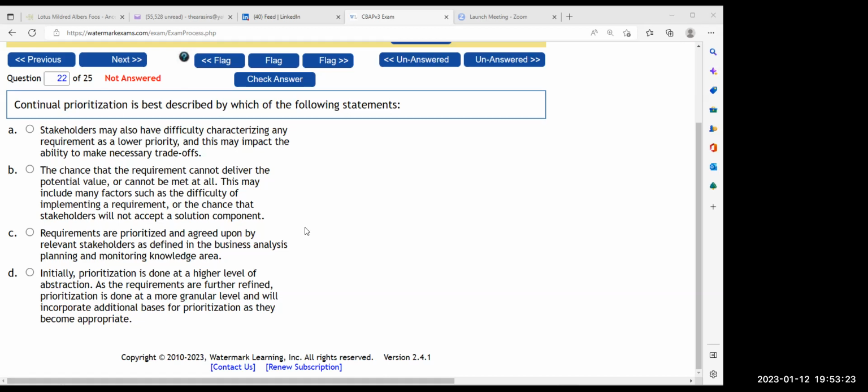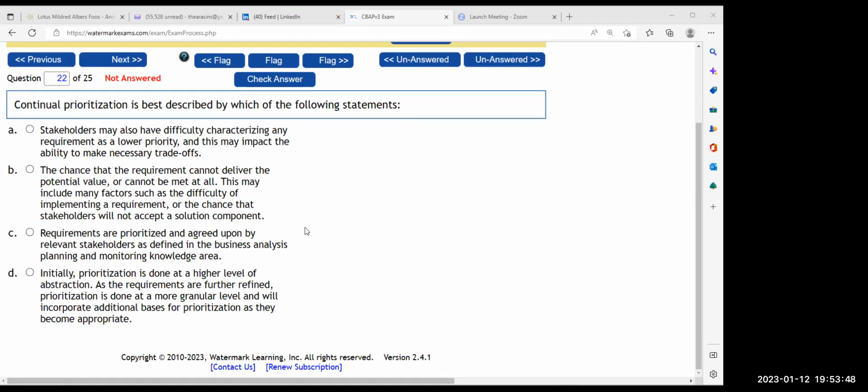Requirements are prioritized and agreed upon by relevant stakeholders as defined in the business analysis planning and monitoring knowledge area. Initially prioritization is done at a higher level of abstraction. As the requirements are further refined, prioritization is done at a more granular level and will incorporate additional bases for prioritization as they become appropriate.